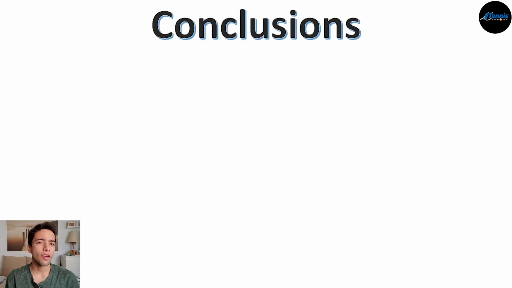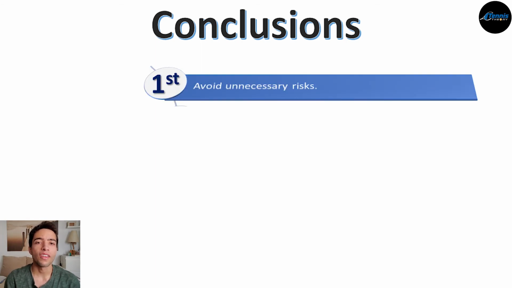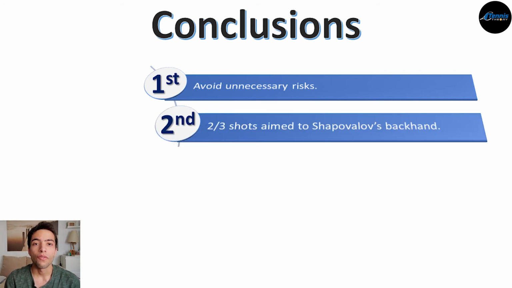With all these numbers, I think we can draw some final conclusions about Federer's shot selection during this match. First, he avoids unnecessary risk by not aiming at the zones next to the borders of the court. Second, from the backhand side, 2 out of 3 shots aim at Shapovalov's backhand.